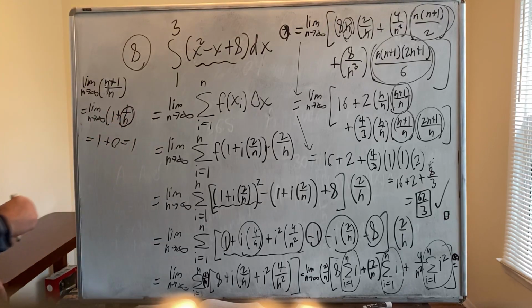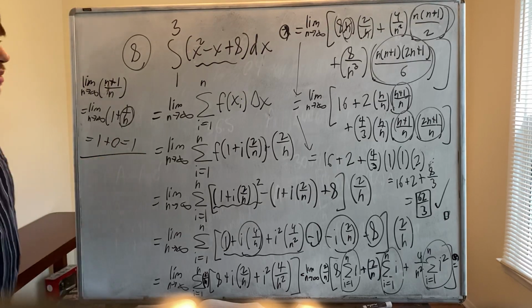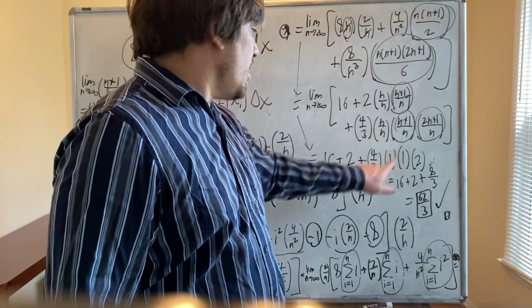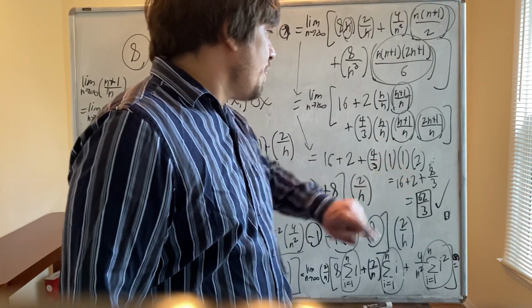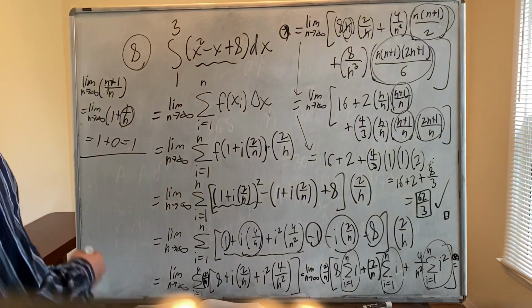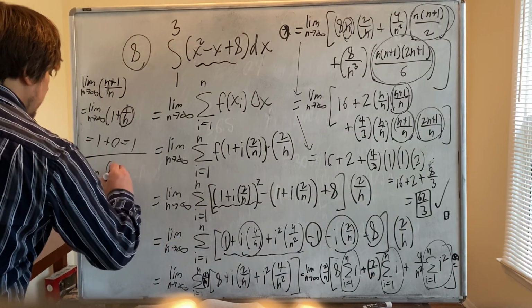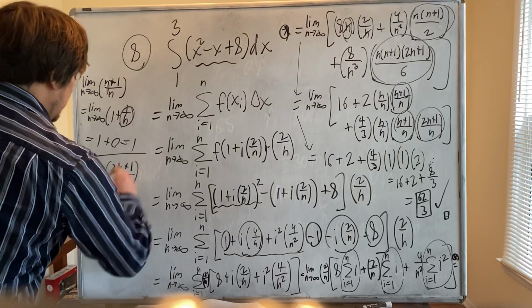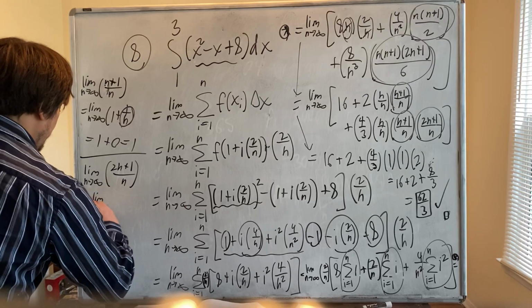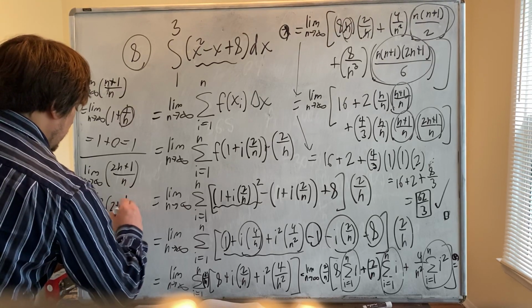The limit of 1 over n is 0. So I used that here because I calculated that limit to be 1, and the limit of that to be 1 over here. The limit of that is very similar. The limit as n approaches infinity of 2n plus 1 over n is equal to the limit as n approaches infinity of 2 plus 1 over n.